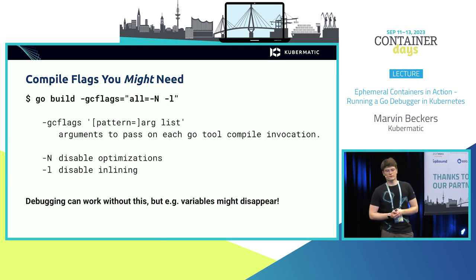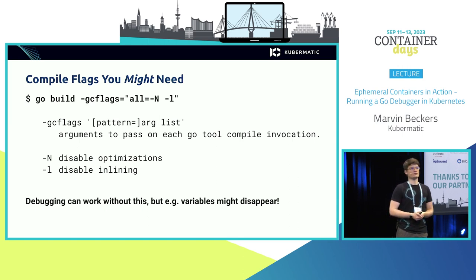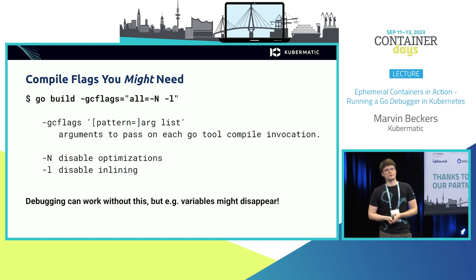So if you have troubles with this, or if you debug and something feels odd, you might want to have a specific debug build that sets these flags. One is disable optimizations, and the other one is disable inlining. The compiler compiles your code as you give it to it, but that usually means it's less efficient, because usually the compiler knows better than we do. That's essentially what you might want to keep in mind.